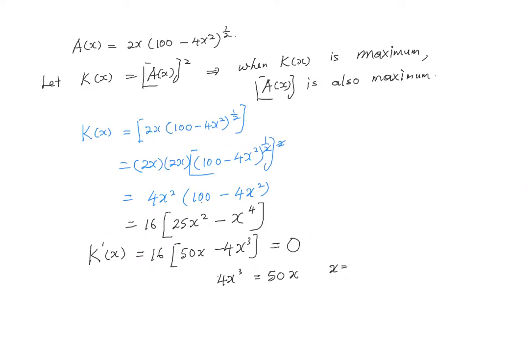X cannot be 0, so I can do like that. If x can be 0, you cannot do it like that. So I have x squared equal to 25 over 2. So therefore, my x must be greater than 0, x equal to 5 over root 2. So is 5 root 2 over 2.